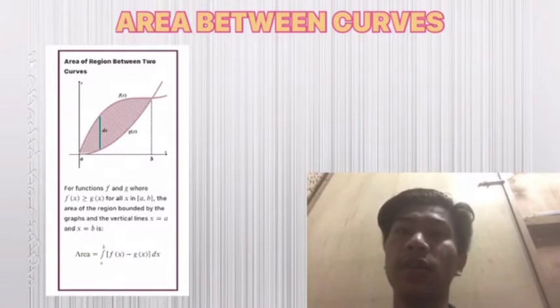For functions f and g, where f(x) is greater than g(x) for all x in [a, b], the area of the region bounded by the graphs and the vertical lines x equals a and x equals b is area equals the integral from a to b of f(x) minus g(x) dx.